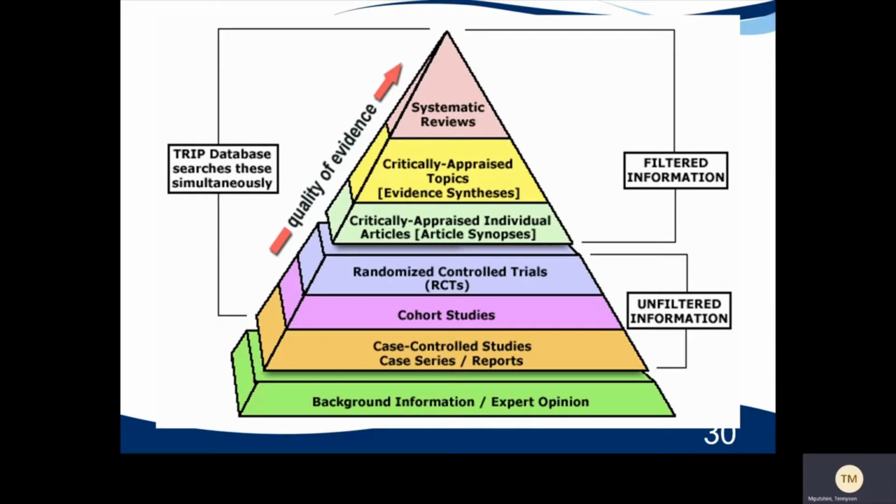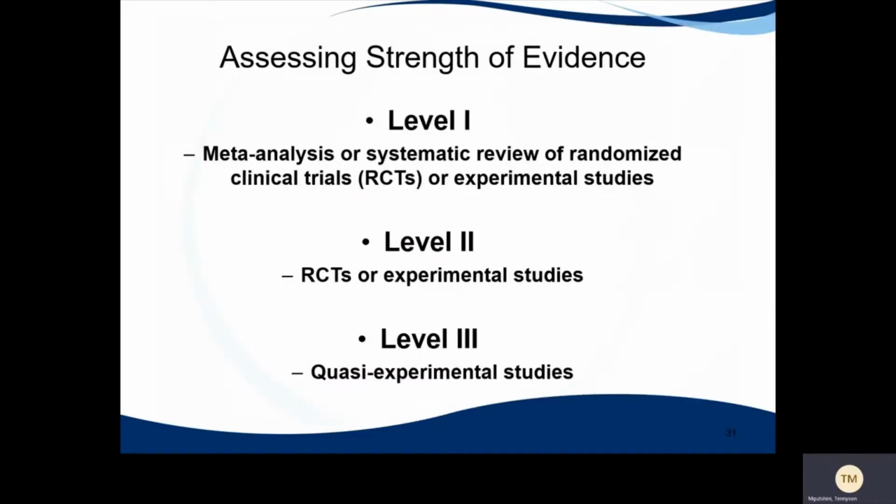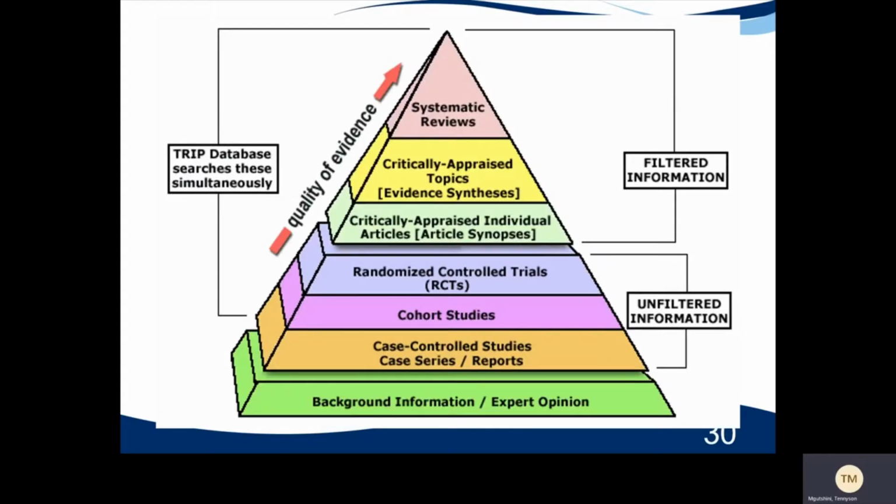Now, in saying this, what Sackett did, and a group of people who worked with him, is that they said each of the different levels on that pyramid can be numbered. So the highest type of evidence, which was systematic reviews, he gave number 1. And then he said the lowest level of expert opinion is number 7.